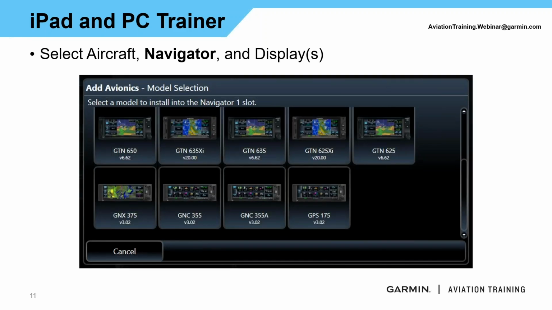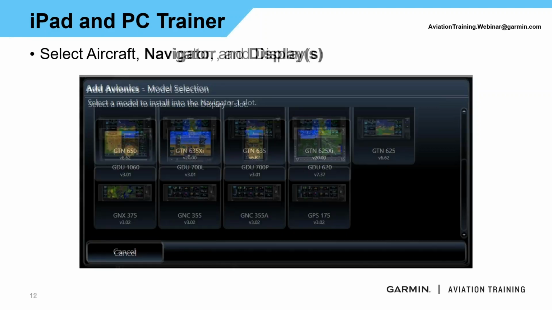And then we also have the GPS family of navigators with the GNX 375, the GNC 355, and GPS 175. So those are available to play with and use, practice, especially in times like these where we may not be flying as much. It's a good tool to go keep your skill up, stay sharp on what you're doing. The last thing you want to do is be heads down when you are out of currency or proficiency in the aircraft.